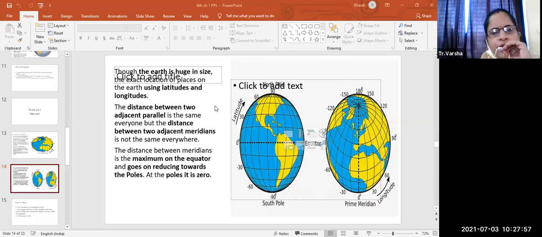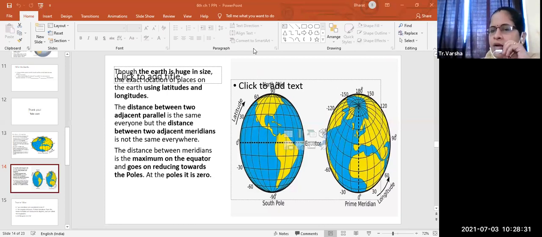The distance between two adjacent parallels is the same everywhere, but the distance between two adjacent meridians is not the same everywhere. Parallels were the same everywhere; in the meridians it will not be the same. Why? Because they are converging. If you look at the picture, latitude was the same: 30°, 60°, 90°.